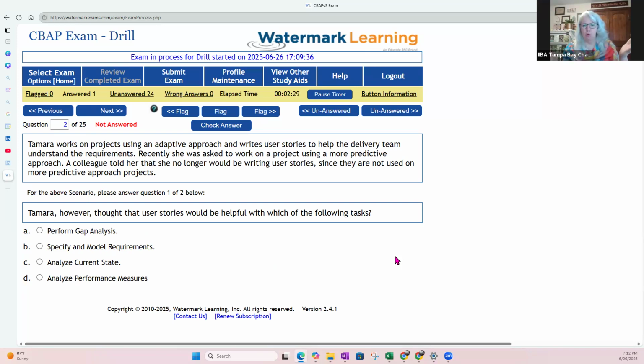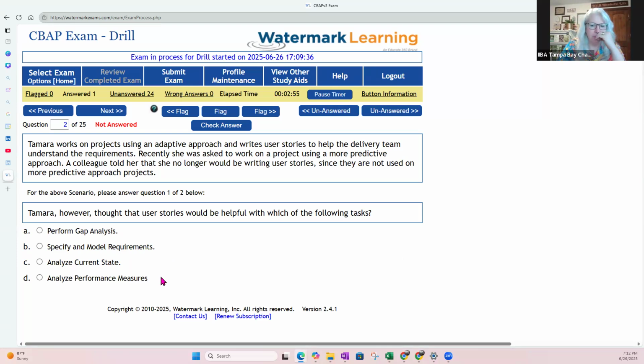Now this is more waterfall. Tamara, however, thought the user stories would be helpful in which of the following tasks. So really, this is a question about what is the value of user stories. It has nothing to do with all that other stuff. That other stuff is noise. So which of the following tasks? Performing gap analysis, specifying and modeling requirements, analyzing current state, or analyzing performance measures?